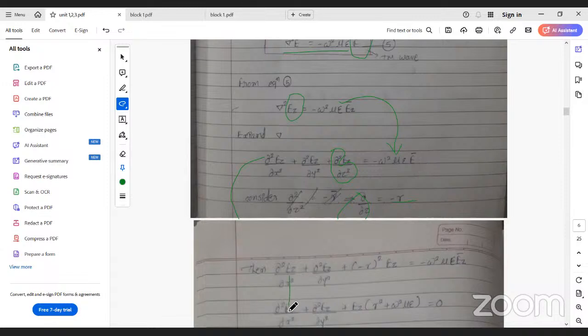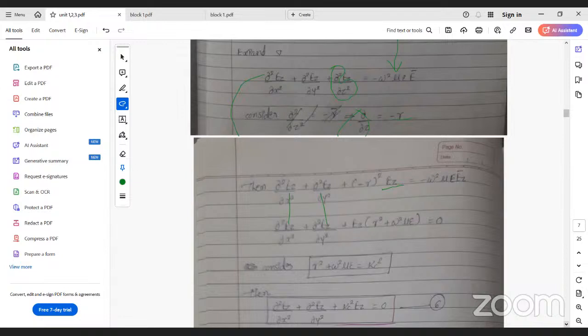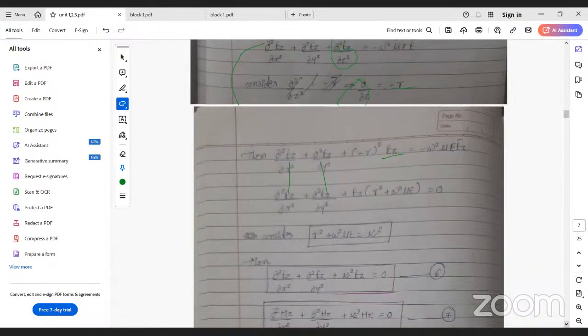First two terms are written as it is. Next, Ez is common. Taking Ez common: gamma square plus omega square mu epsilon equal to 0. The minus is on the RHS side, so it becomes plus.